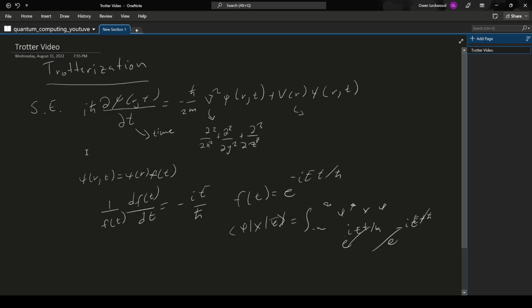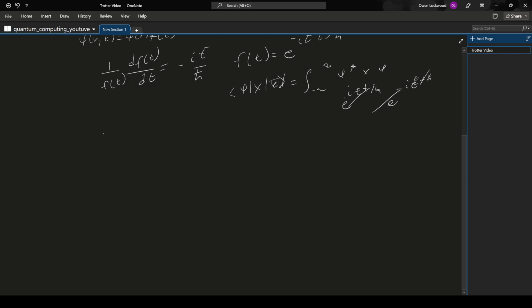We can rewrite this a bit easier. The original Schrodinger equation above in the following form, where we have i h bar times the partial with respect to t of our function, where now I'm switching to Dirac notation.